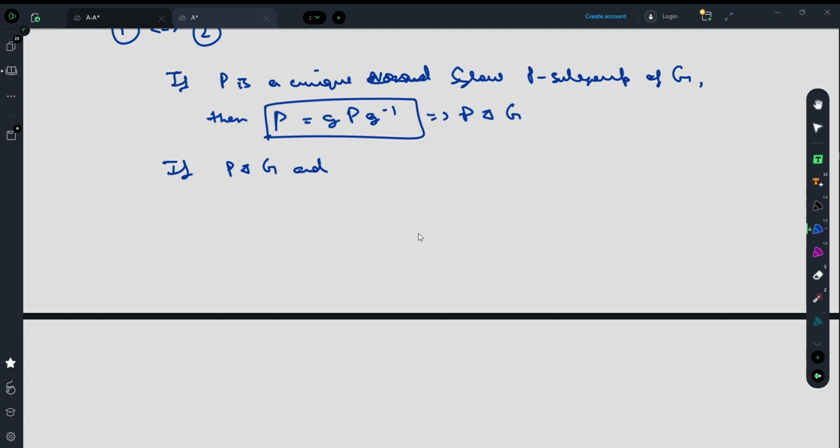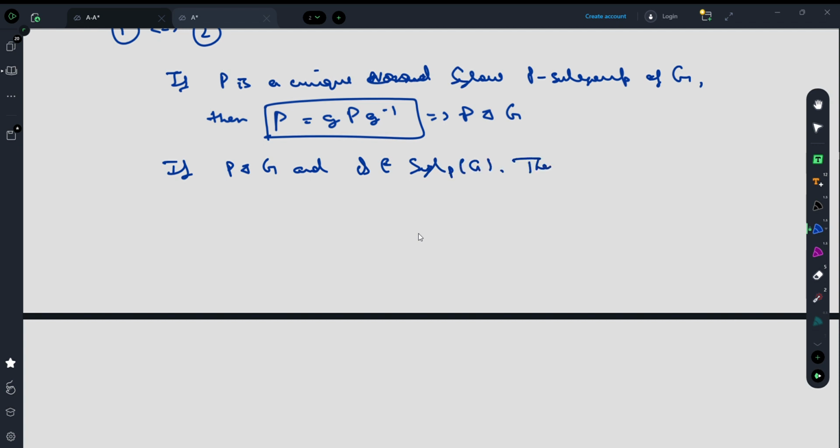Conversely, if P is normal in G and P is obviously a Sylow P subgroup, we are not telling it's a unique Sylow P subgroup. That's what we need to prove. We're assuming P is normal in G while P is a Sylow P subgroup, and consider another Sylow p subgroup.